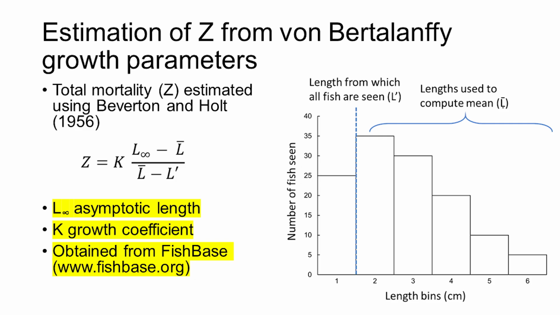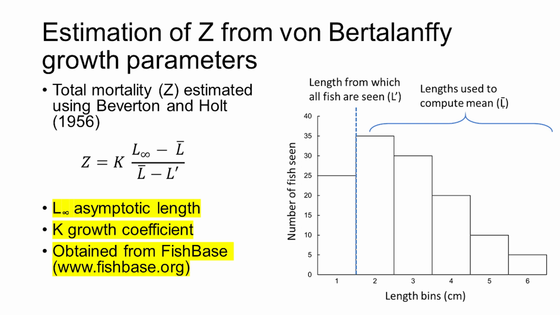It was 1956, Beverton and Holt. And if we had estimates of asymptotic length L infinity and K of the von Bertalanffy growth function, we would be able to apply that to length frequency analysis from the visual census surveys, and we can then see the length from which all of the fish are seen, and that's the L prime in this equation, and then the lengths used to compute the L mean, which is here in this equation.